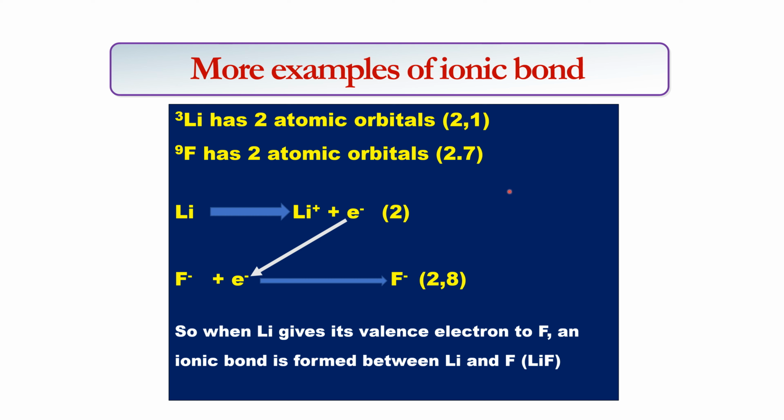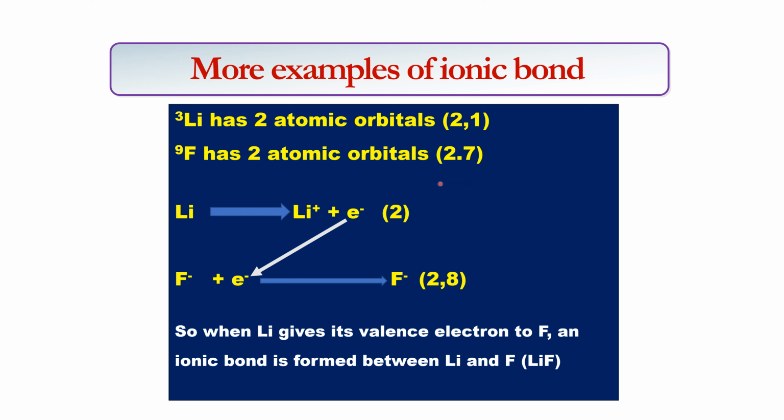So, in the case of lithium, it is easier for lithium to lose this 1 electron than gain 7 electrons, so it will prefer the easier one, which is to lose this 1 electron. And in the case of fluorine, it is easier for fluorine to gain 1 electron than lose 7 electrons, so it will prefer the easier one, which is to gain 1 electron.